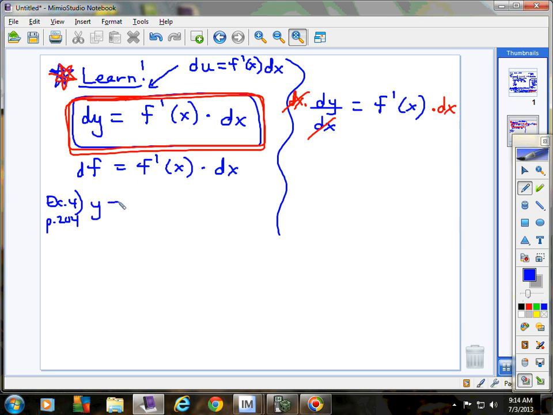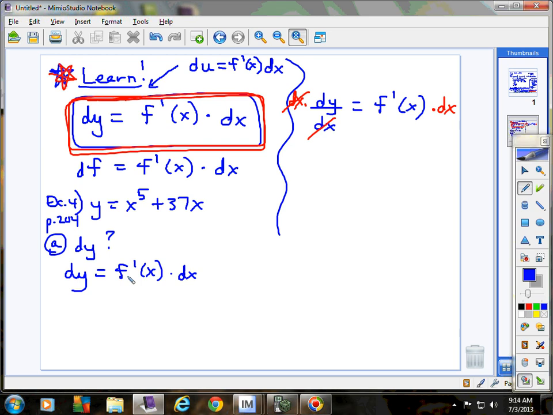Example 4, y equals x to the 5th plus 37x. A part says find dy, and then B part gives us some numbers to substitute in. For A part, we're going to find dy, but let's write the formula first. The formula for dy is f prime of x dx.